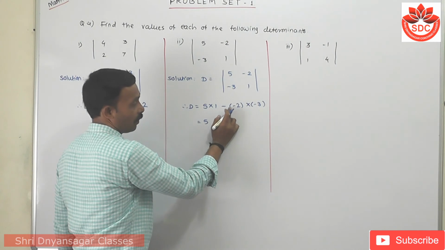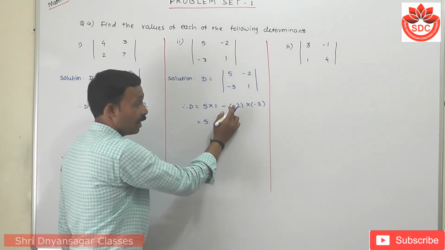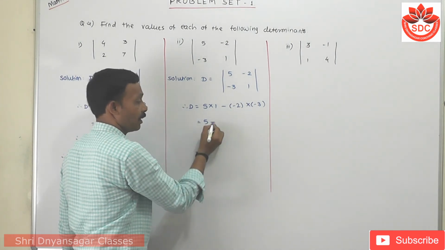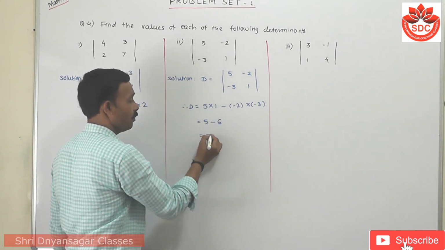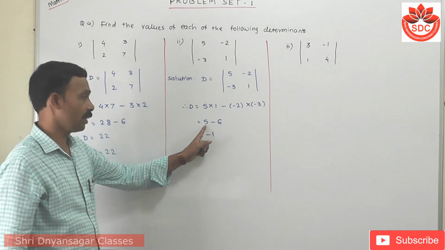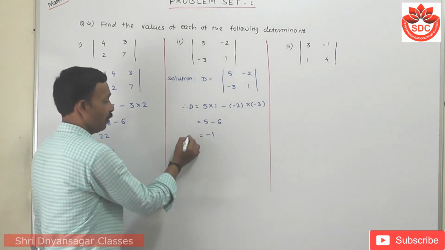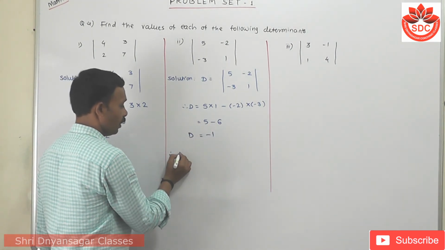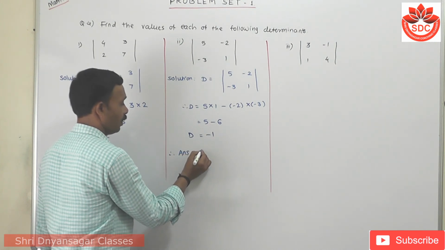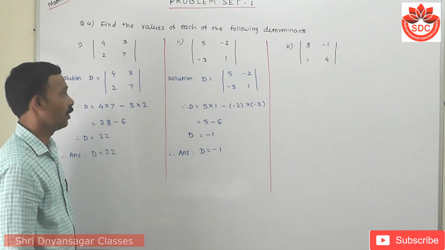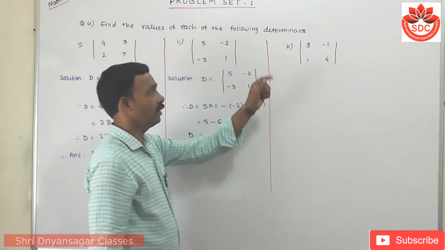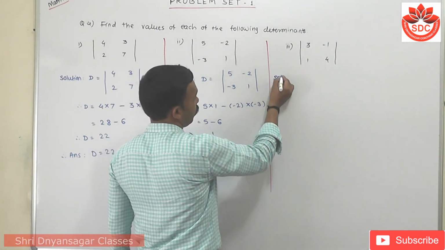Now here look carefully, minus into minus is plus, again plus into minus is minus. 3 twos are 6 and the subtraction becomes minus 1, because here 6 is bigger than 5, having minus sign. Therefore the value of D is minus 1. Our answer is: the determinant is equal to minus 1.